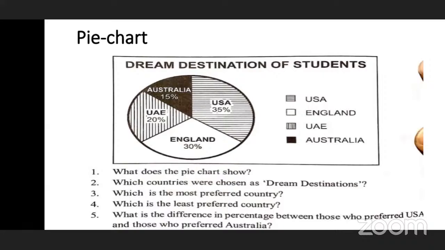So this is what the pie chart basically means. So we have the numerical data and the other basic information from the pie chart.